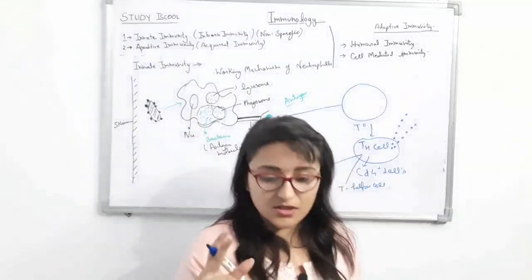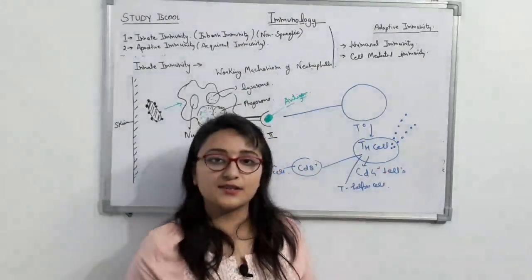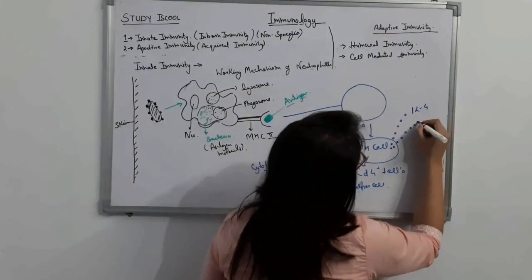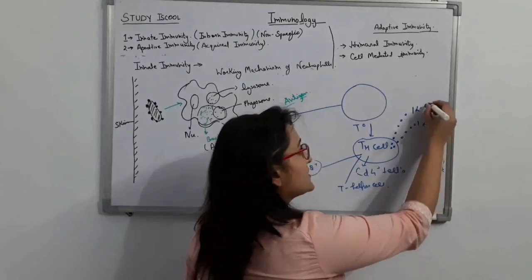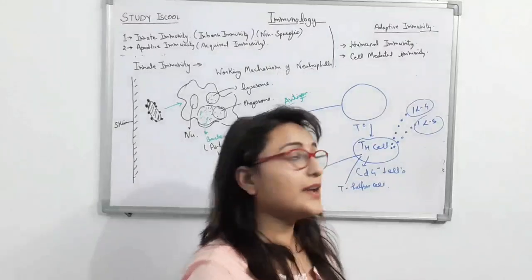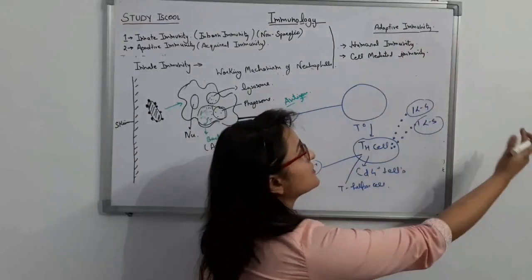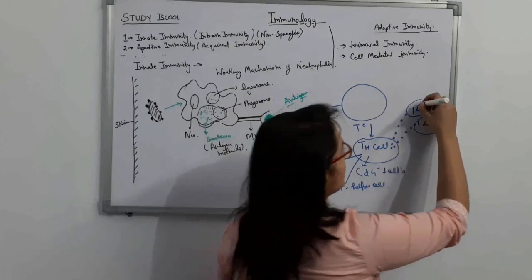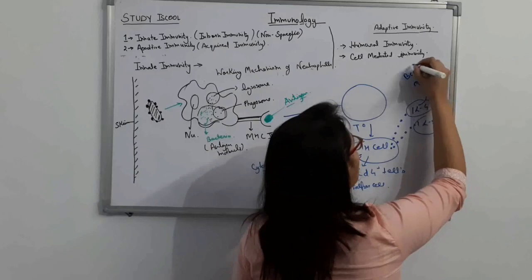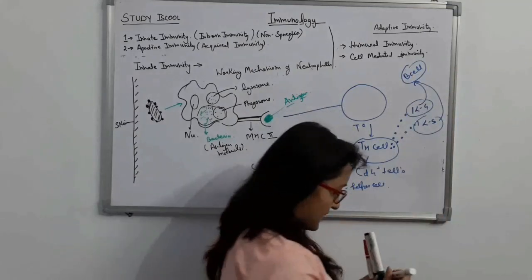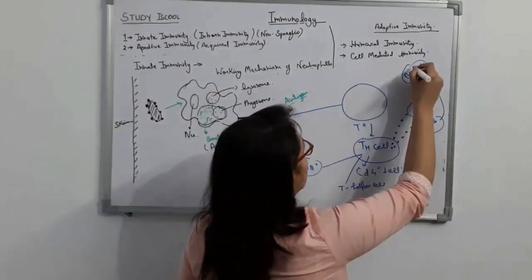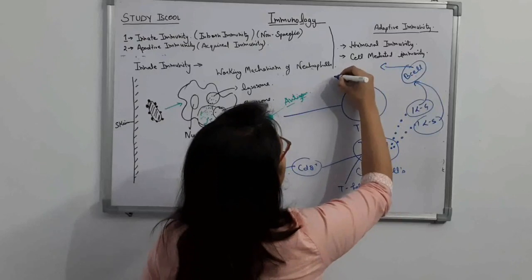The two special interleukins secreted by TH cells are interleukin 4 and interleukin 5, IL4 and IL5. These are very important for activating the other half, the adaptive immunity, because IL4 and IL5 activate B cells, and you all know about B cells: after activating, they form immunoglobulins or antibodies. So B cells finally form antibodies.